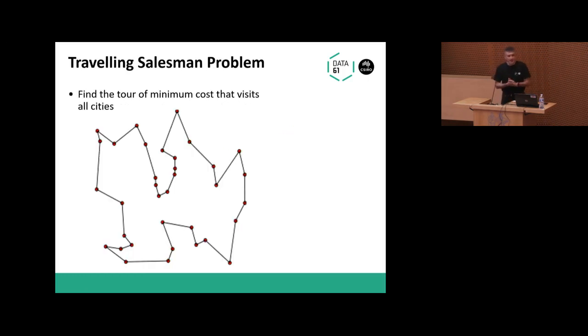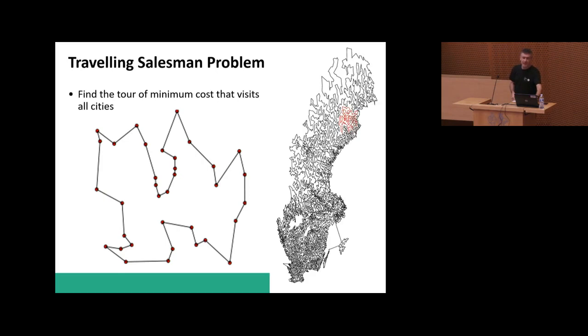Okay, it's based on the travelling salesman problem that you probably have come across. You get a bunch of cities, and you know the cost of travelling between each pair of cities. What order do I visit all of those cities in to minimise my cost? On the right there is one of the largest TSPs solved exactly. It's every city, town and village in Sweden, 64,000 of them.